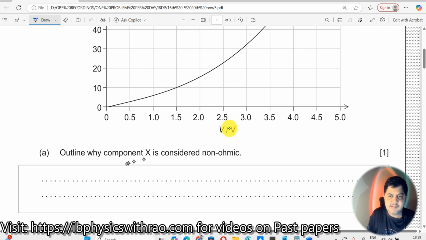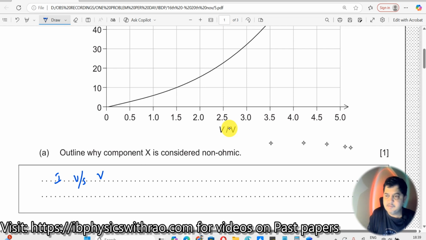So this is considered non-ohmic because, for 1 mark, I versus V does not follow a linear variation.